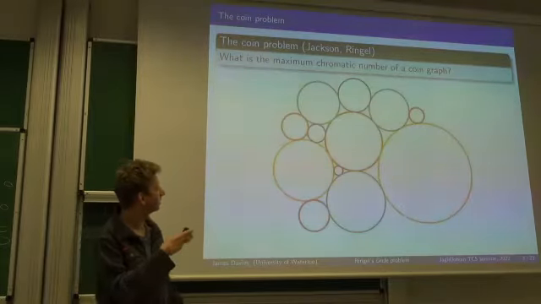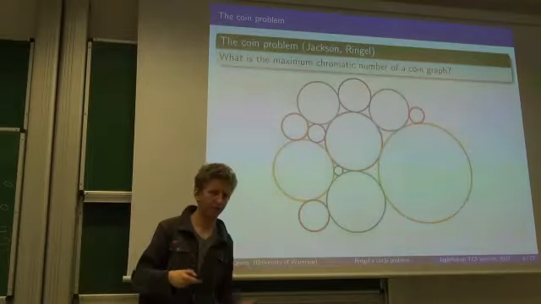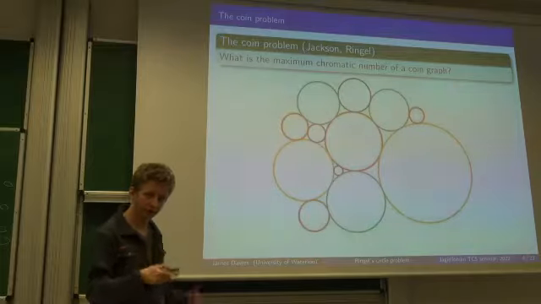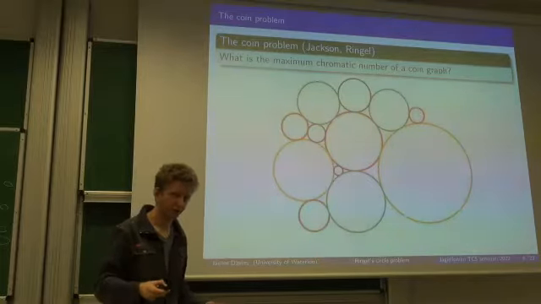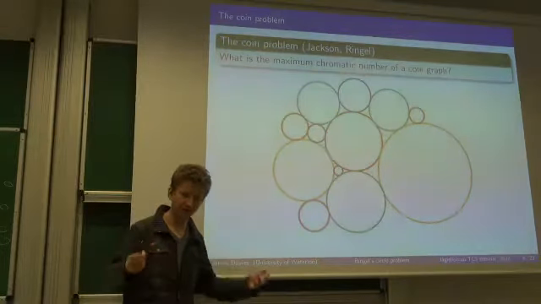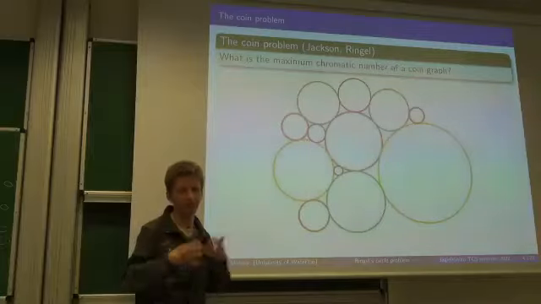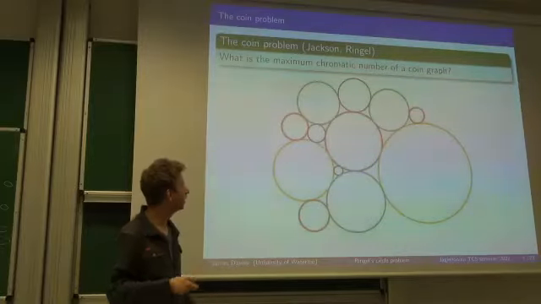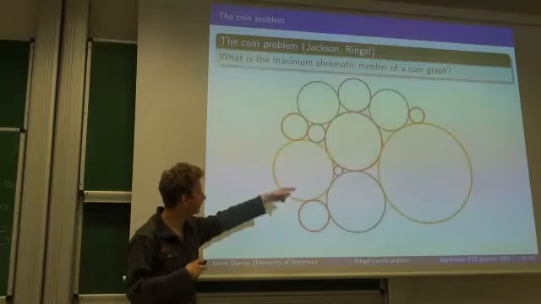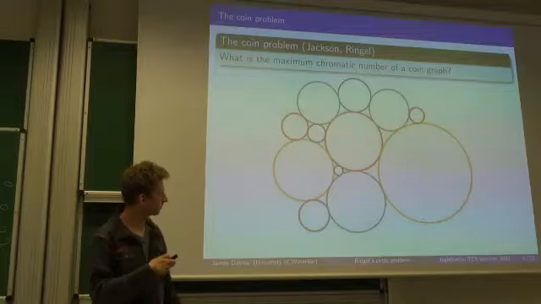Another, harder one is coin graphs. So what is the maximum chromatic number of a coin graph? It's just like the penny graph problem, only now with coins, so we can take our circles to be of whatever diameter or size we want, and we just require that they're still non-overlapping.